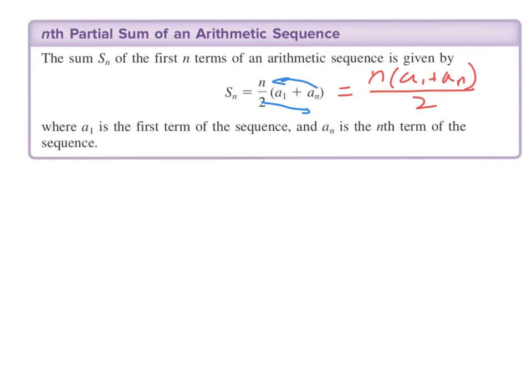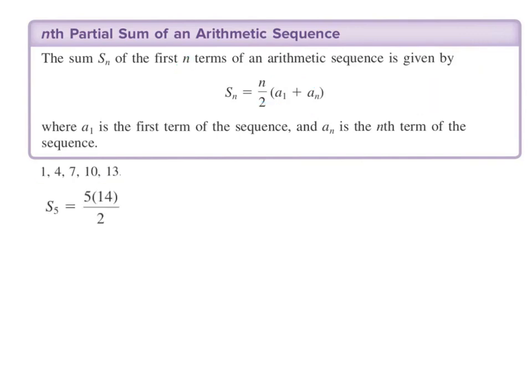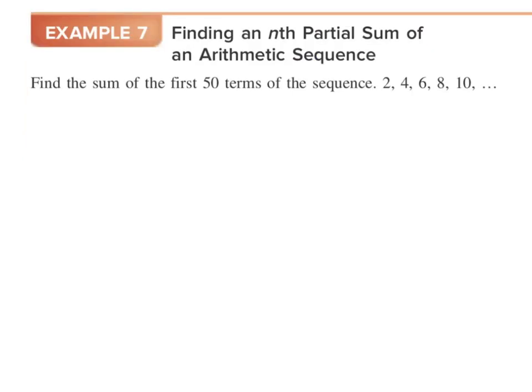So the nth partial sum of an arithmetic sequence, or an arithmetic series in this case: take the first term, add it to the nth term, whichever one I'm looking for, multiply that by the number of terms that there are, divide by 2. So again here, 1 plus 13 is 14, multiply it by the number of terms, there's 5 of them, 70 divided by 2, of course, 35.